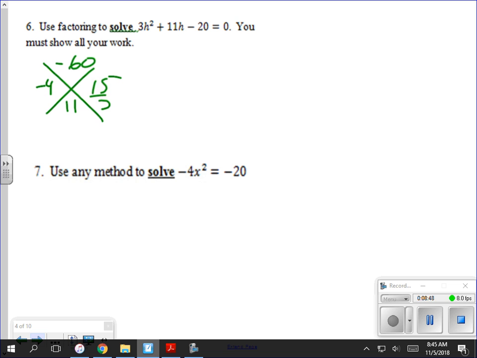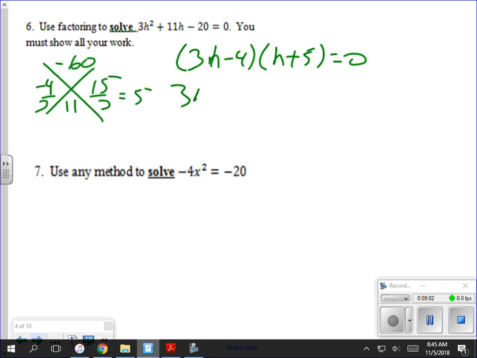Divide them both by 3. This reduces to 5. So I get 3h minus 4 times h plus 5 equals 0. 3h minus 4 equals 0. h plus 5 equals 0. h equals 4/3. h equals negative 5.